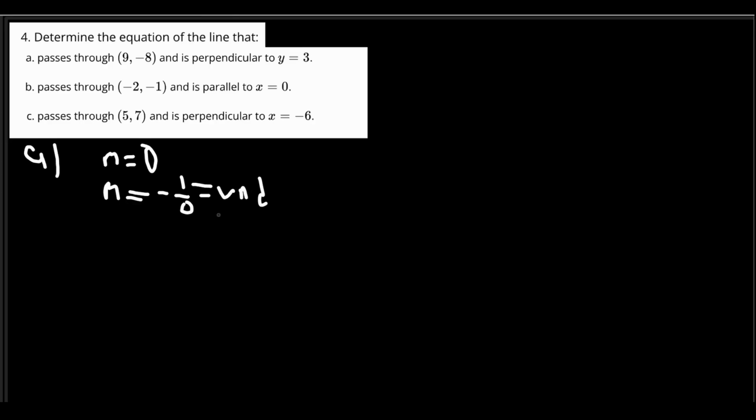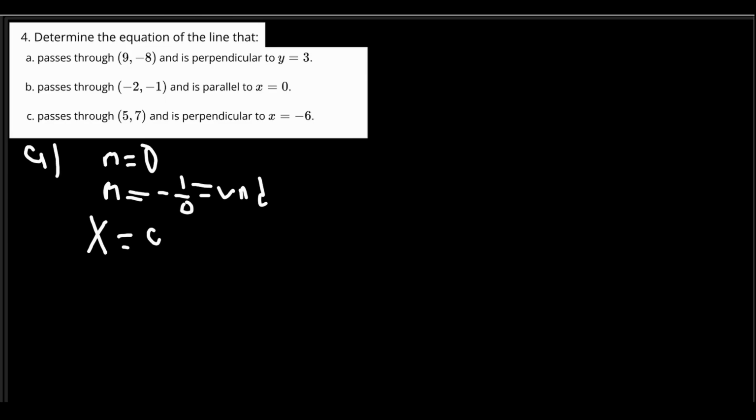And so we know that this would come in the form of x equals something, because vertical lines have a slope that is undefined. So we can just look at the x value of this point, and that is 9.